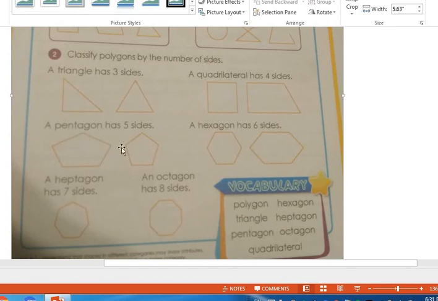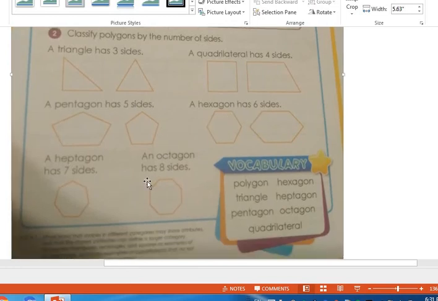The pentagon, 5 sides. A hexagon has 6 sides. 1, 2, 3, 4, 5, and 6. Any polygon that has 6 sides is called a hexagon.